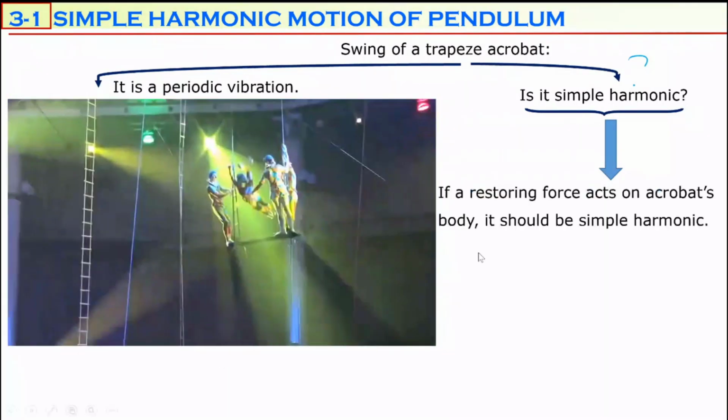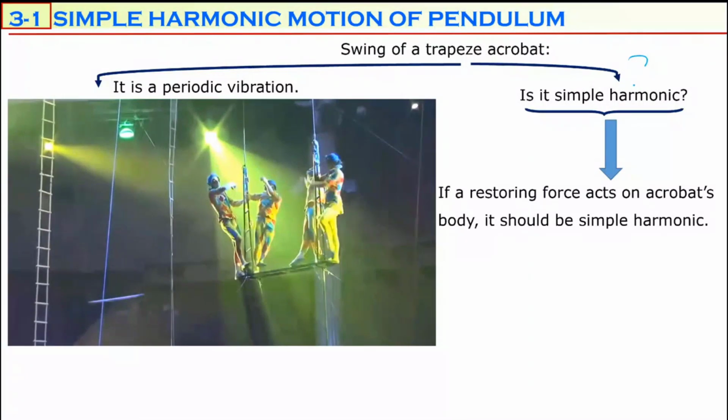That's why first we should search for a restoring force. Is there any restoring force acting on the acrobat's body or not? If so, this periodic motion must be a simple harmonic motion.